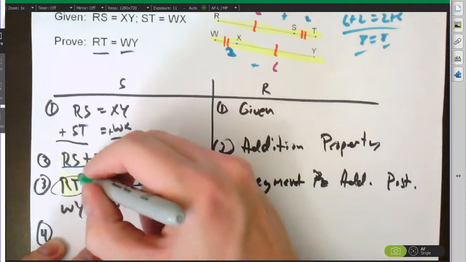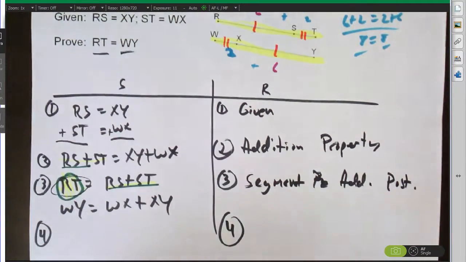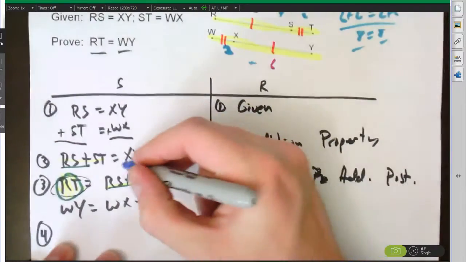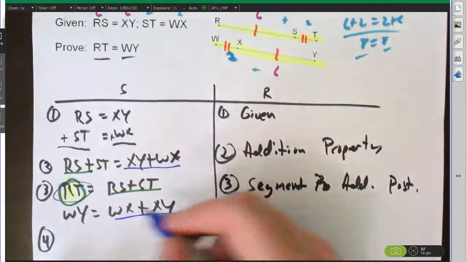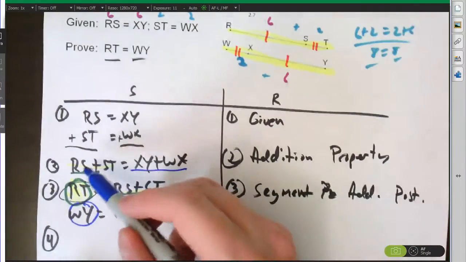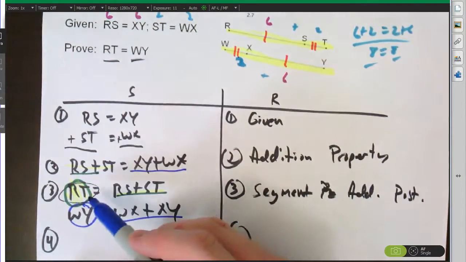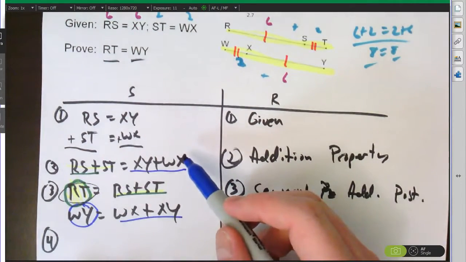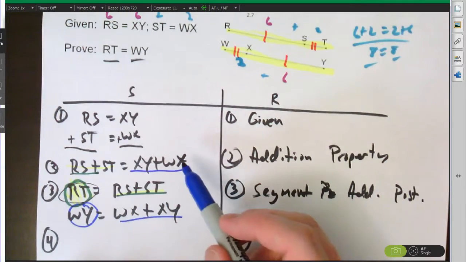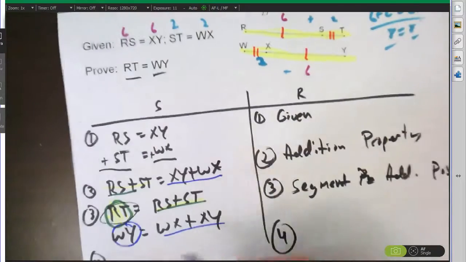RS plus ST equals RT, and XY plus WX equals WY. I'm going to replace RS plus ST with RT. I'm going to replace WX plus XY with WY, and now I'm going to say RT equals WY.